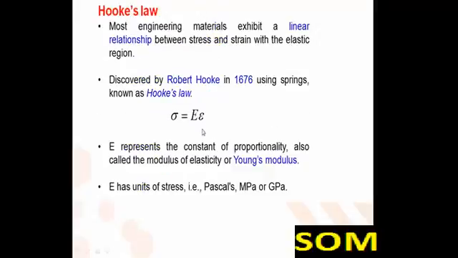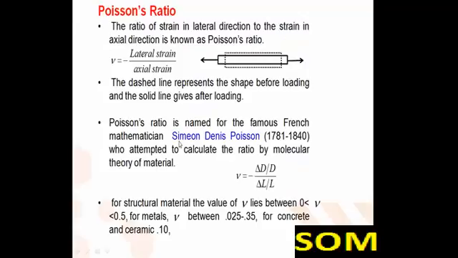Most engineering materials exhibit a linear relationship between stress and strain within the elastic limit. The relation between stress and strain up to the proportionality limit is given by Hooke's law, discovered by Robert Hooke in 1676. The constant of proportionality E is known as Young's modulus.